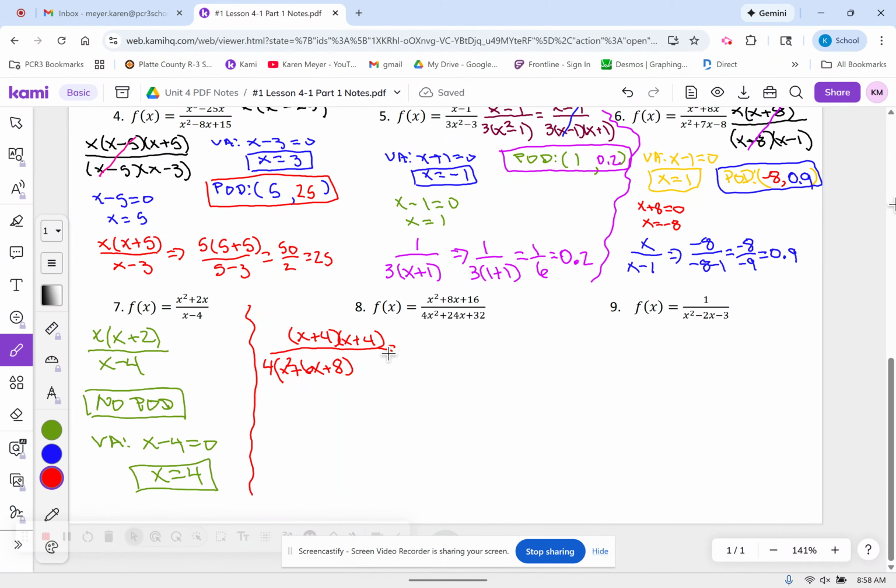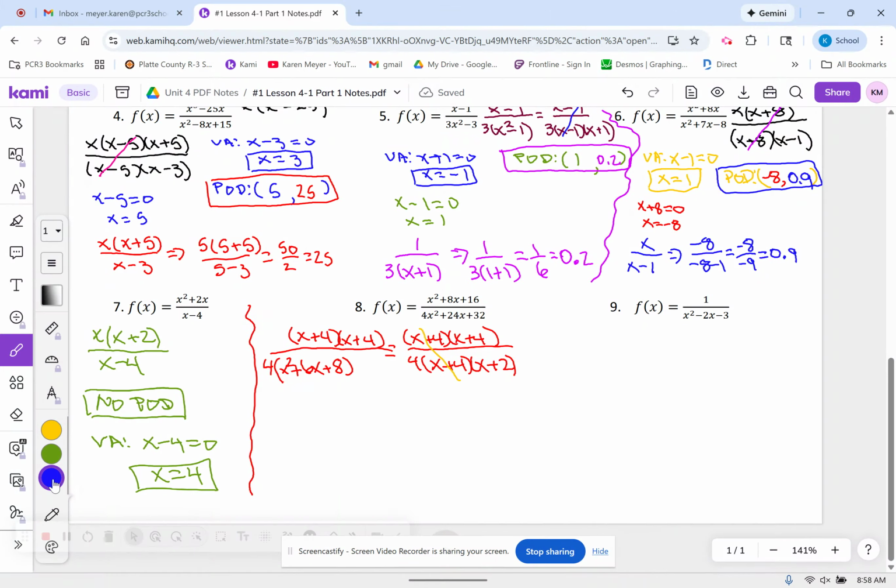And then I'm going to be like, ooh, I can fast factor that. So I'm going to keep the top the same. And then I'm going to fast factor the bottom. So multiplies for 8 that adds for 6 would be 4 and 2. So x plus 4, x plus 2, keep your GCF of 4. And then I'm going to be like, oh, look, something cancels out, x plus 4. So I will have a POD. I'll have to come back to that.